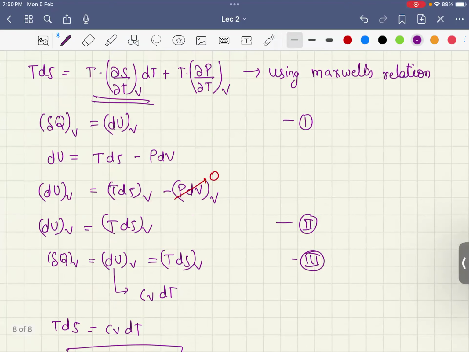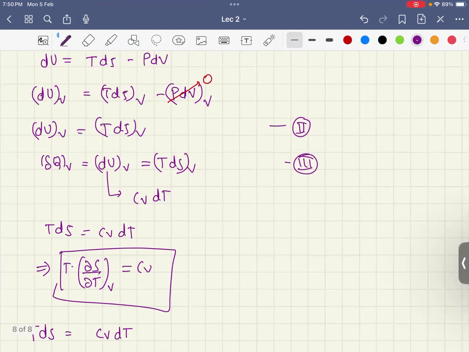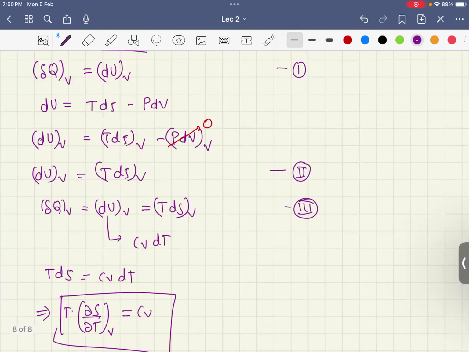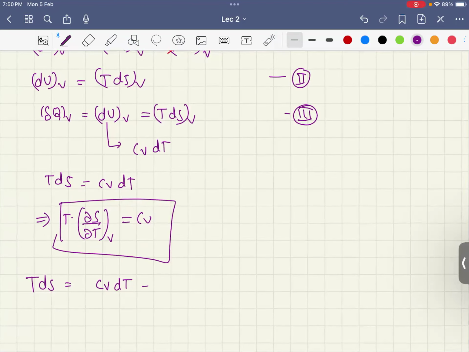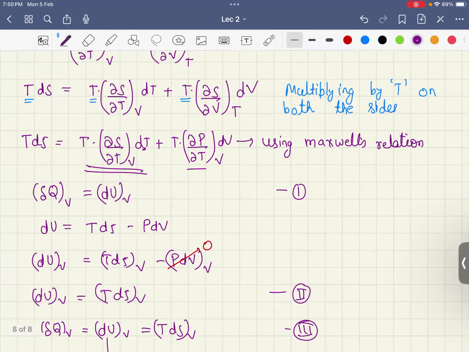So we replace this T (∂S/∂T) at constant V by CV, into dT, plus this. So here it has to be dV plus T into (∂P/∂T) at constant V.